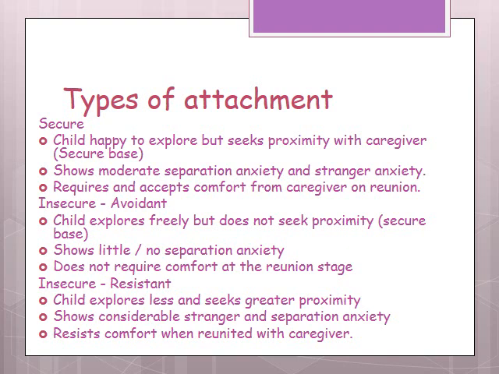Whereas a resistant child doesn't have that secure base. They want to be close to the mother. They fear that she will leave. They explore less. They show considerable stranger and separation anxiety, so they get very distressed, and they resist the comfort when their mum comes back, so they find it very hard to be settled by the mother at the reunion stage.